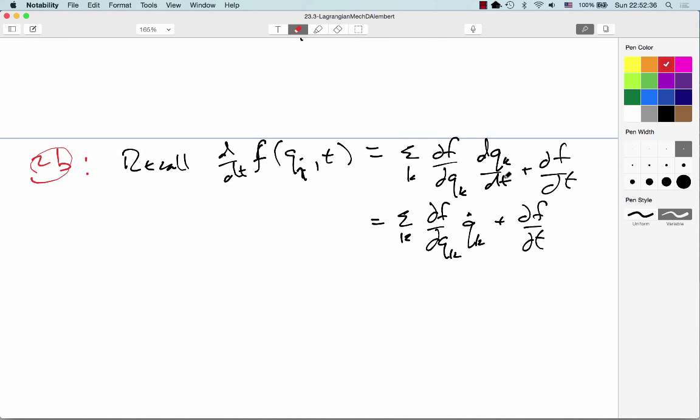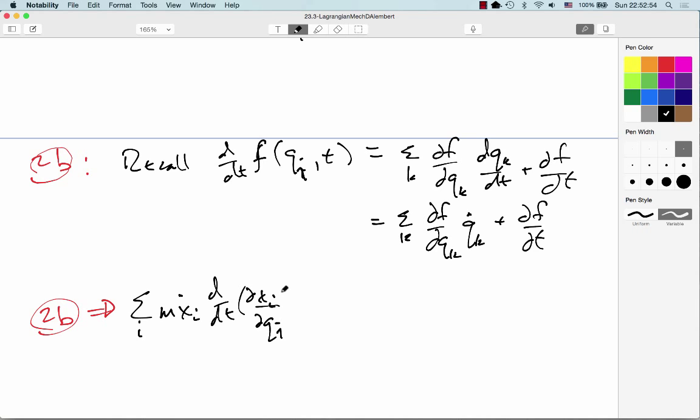With that, we can rewrite 2b. It was sum over i of m xi dot d/dt of partial xi partial qj.